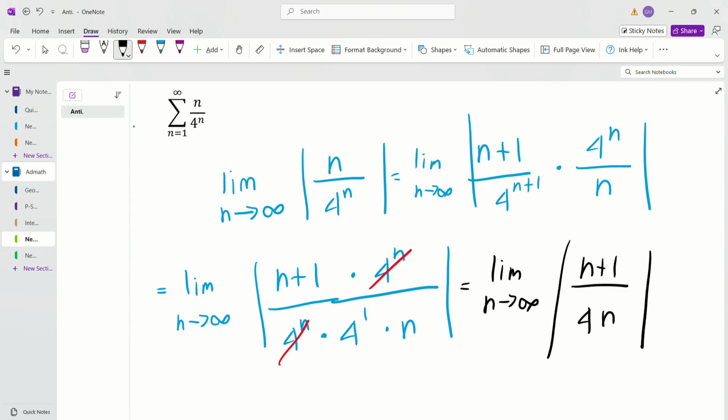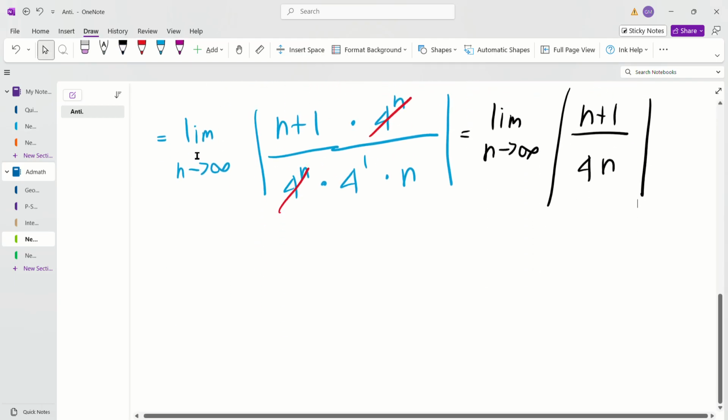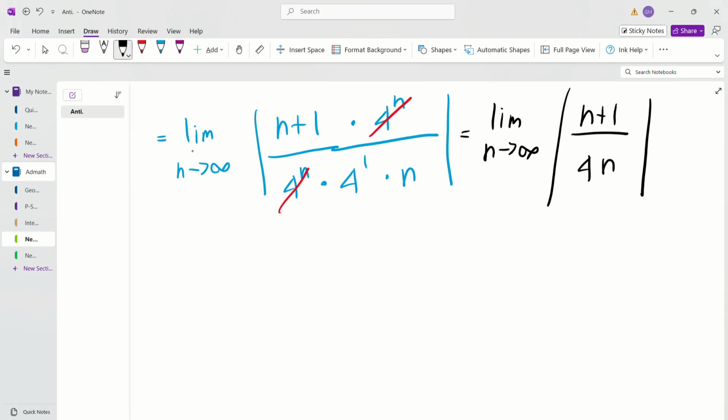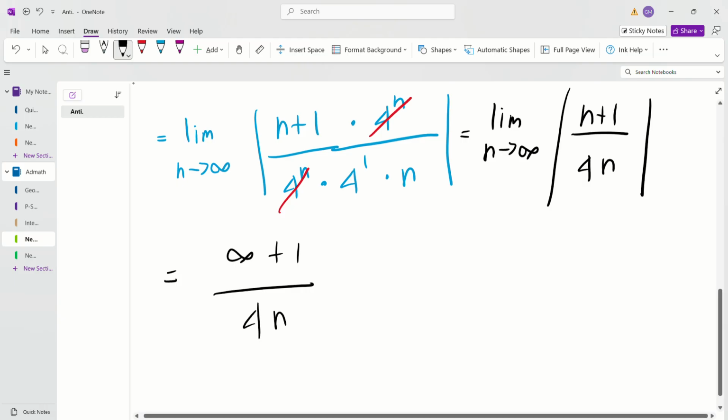Next, we simply evaluate this. So to evaluate this, we have infinity plus 1 over 4 raised to infinity.